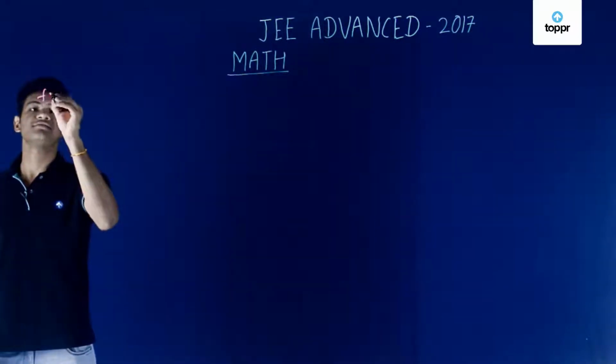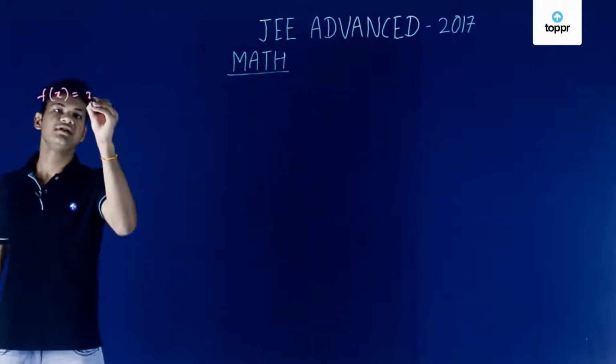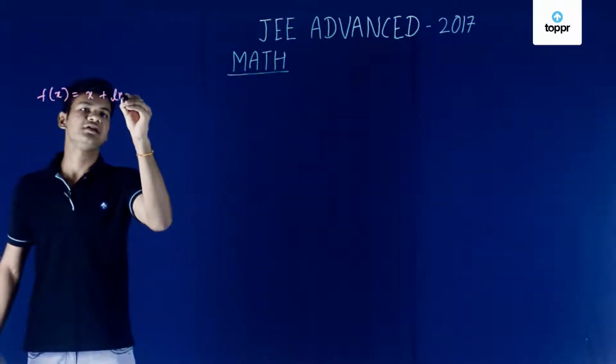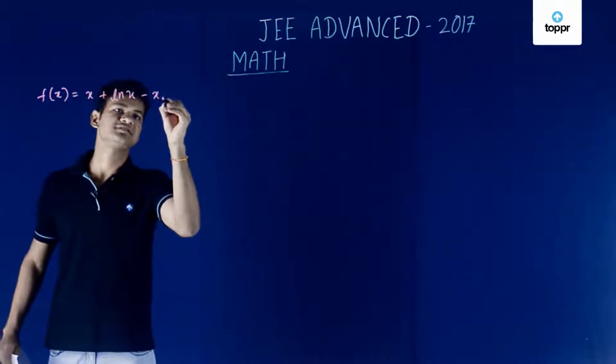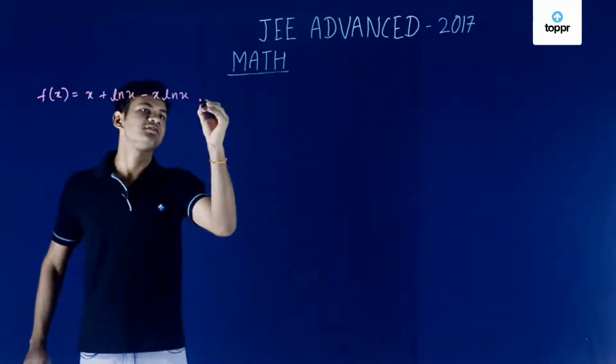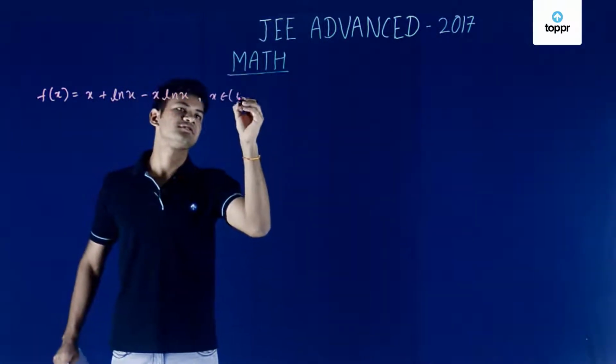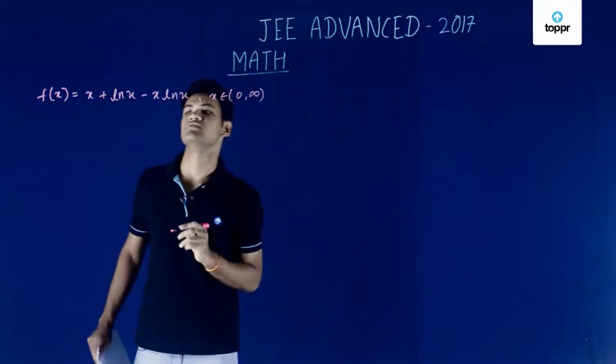The f of x function given in this question is x plus ln x minus x ln x in the domain which is 0 to infinity. This is the domain.